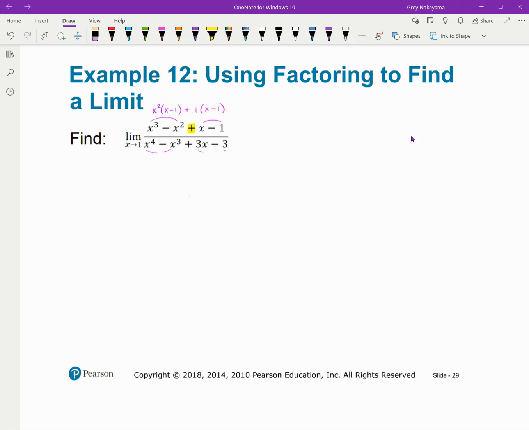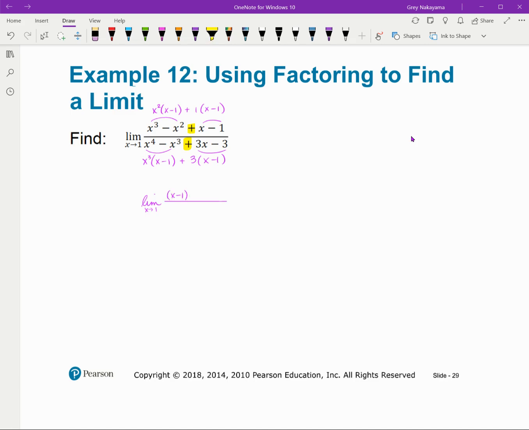And then on the bottom, I take out a common factor of x cubed. I'm left with x minus 1, bring down my sign, which is plus. Now my common factor is 3, so I'm going to have plus 3, and what's left better be x minus 1. So how you factor that is I still have the limit as x approaches 1. My common factor is x minus 1.